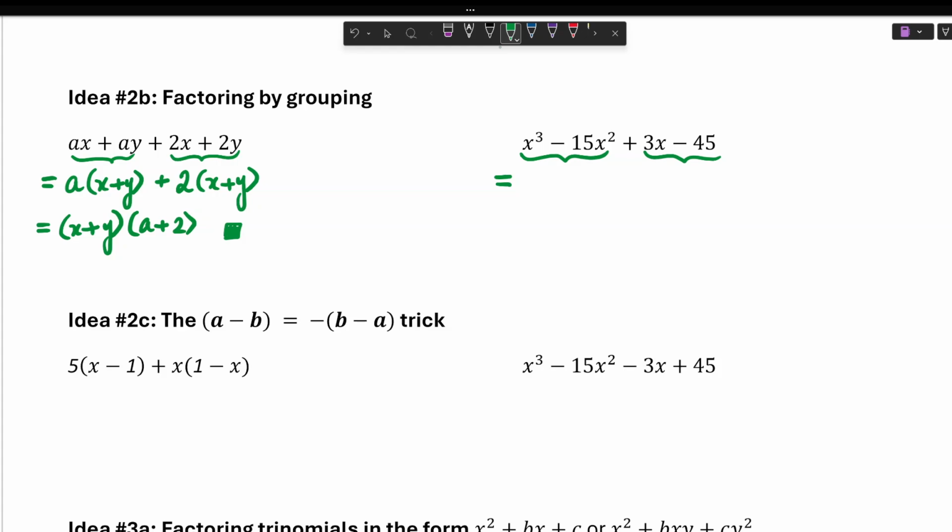The first pair, you can take an x squared, and you get left with x minus 15. The second pair, you have 3 as a common factor. You get left with x minus 15. And there we go, there's our common factor. So we're going to take out x minus 15, and then multiply by what's left, which is x squared from the first term, plus 3 from the second term.